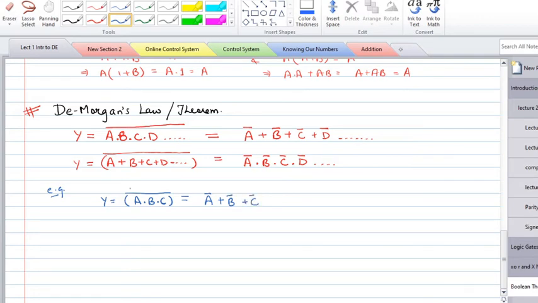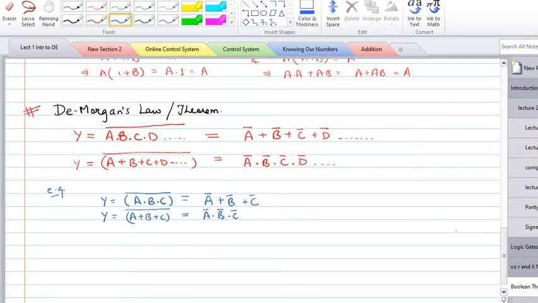We can easily prove these two theorems. Now before proceeding to the proof, let's take another example: when we do (A + B + C) whole bar, this can be written like this: A bar dot B bar dot C bar.